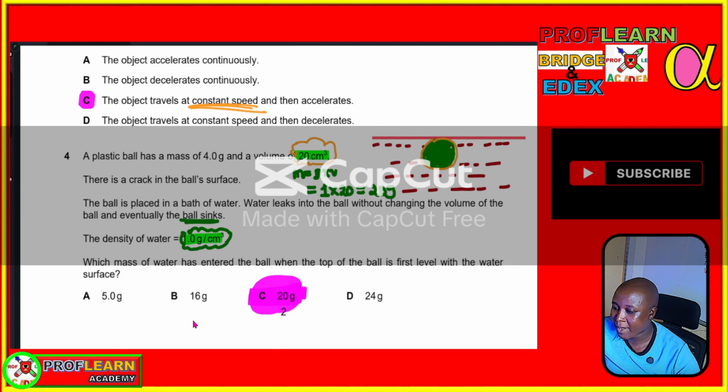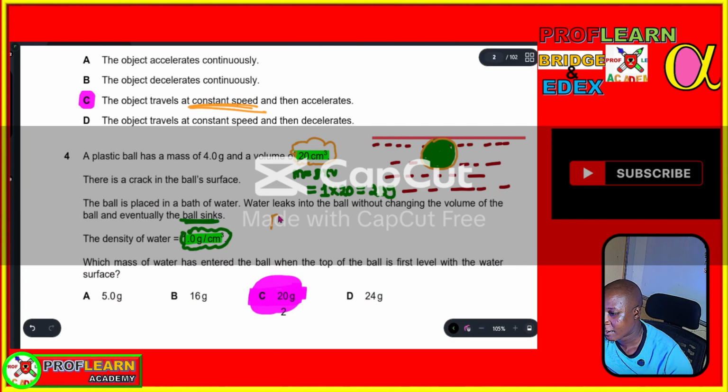If we are asked the mass, we know density is equal to mass over volume, which implies that mass is equal to density times volume.